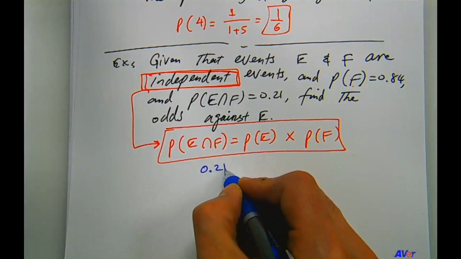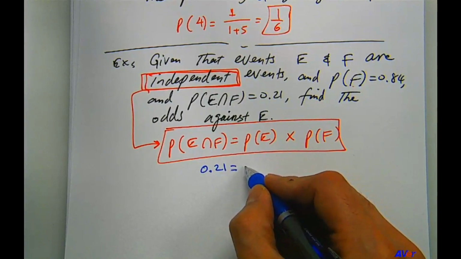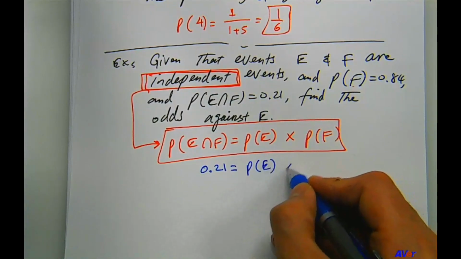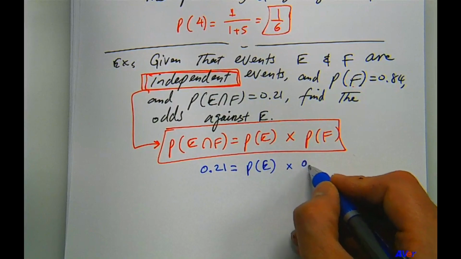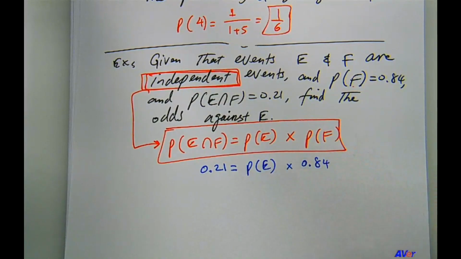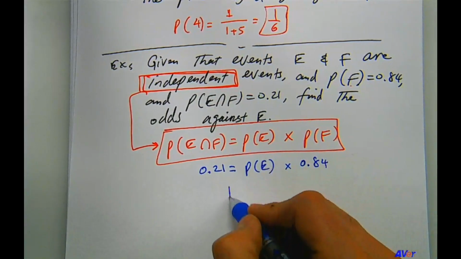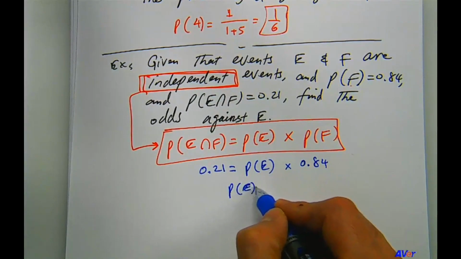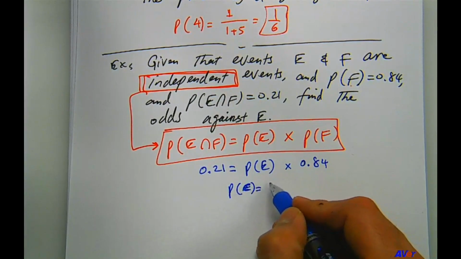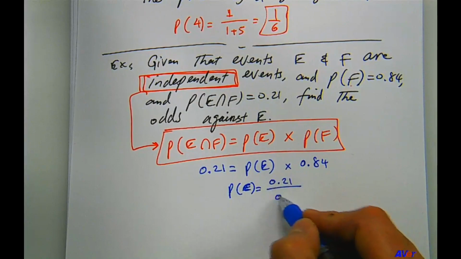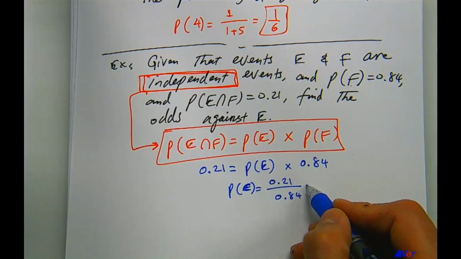So let's just plug in. 0.21 is equal to the probability of E, which we want, times the probability of F, which is 0.84. Well, that means the probability of E occurring is equal to 0.21 over 0.84.